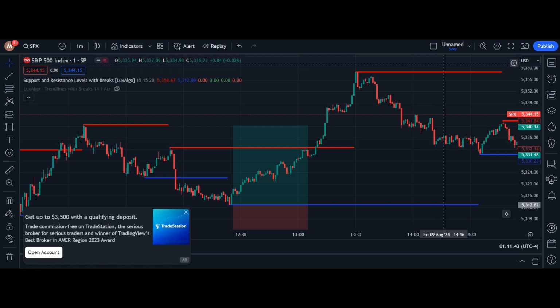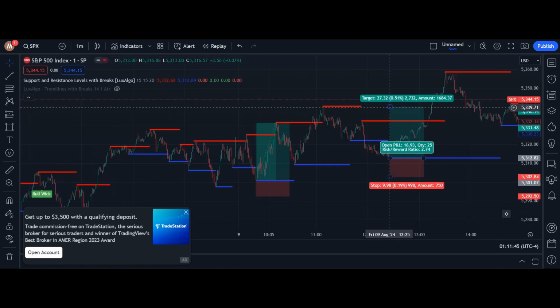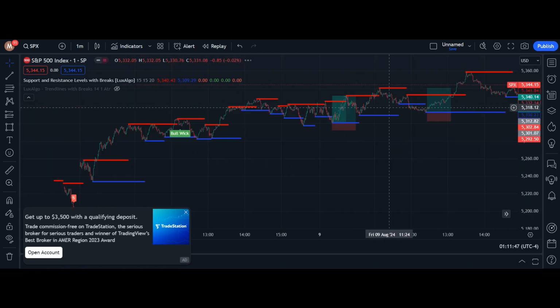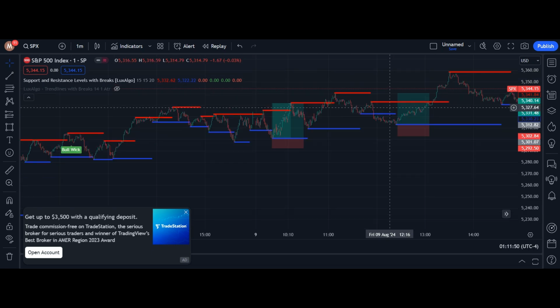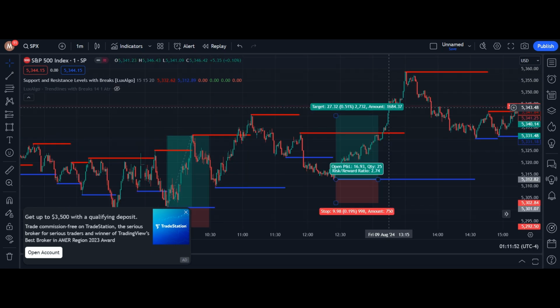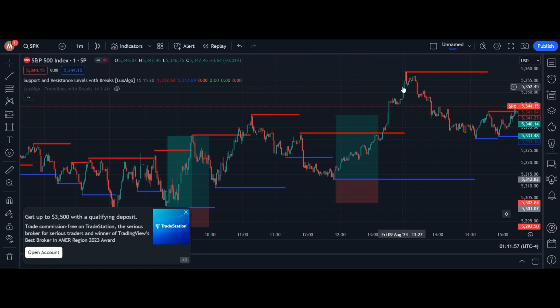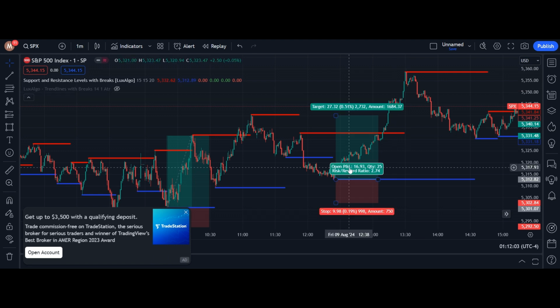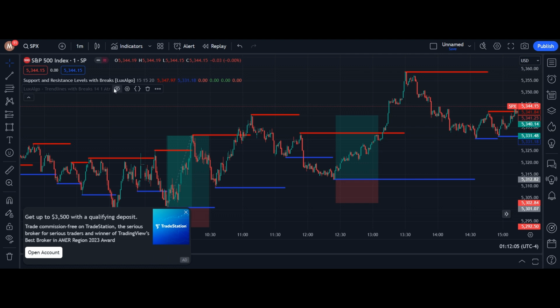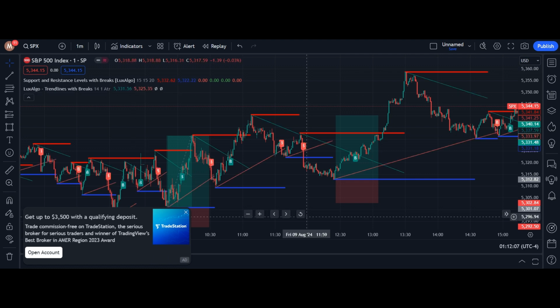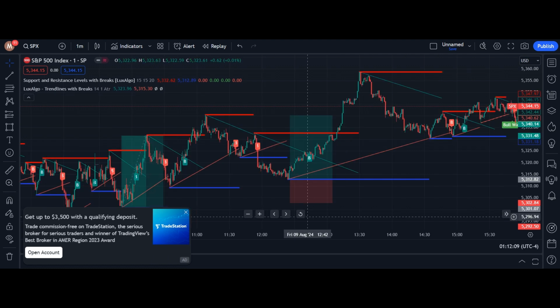So how do we predict these? Now, if you zoom out, you will see that there are no support or resistance lines that go up here. So what you would do is use your trend lines, and we'll go deeper into trend lines in another video. You would see multiple trend lines going up here.